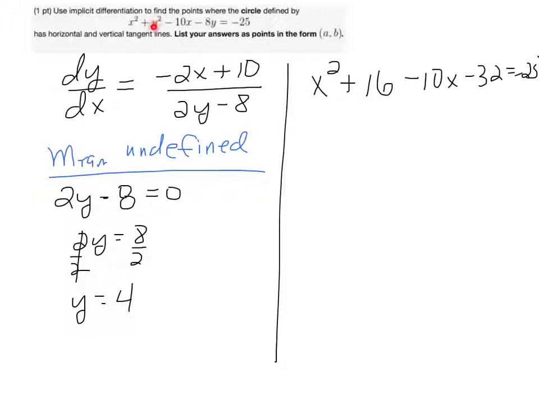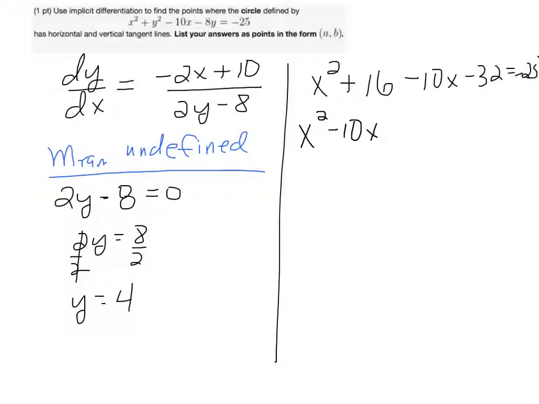If I put a 4 in here, I get 16, and if I put a 4 in there, I get 8 times minus 4, which is minus 32. Okay, let's clean this up a little bit. So I have x squared minus 10x, then I have 16 minus 32, which is minus 16.